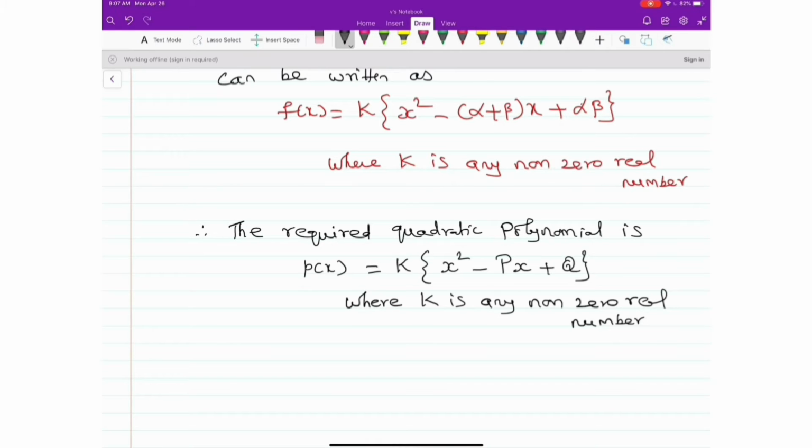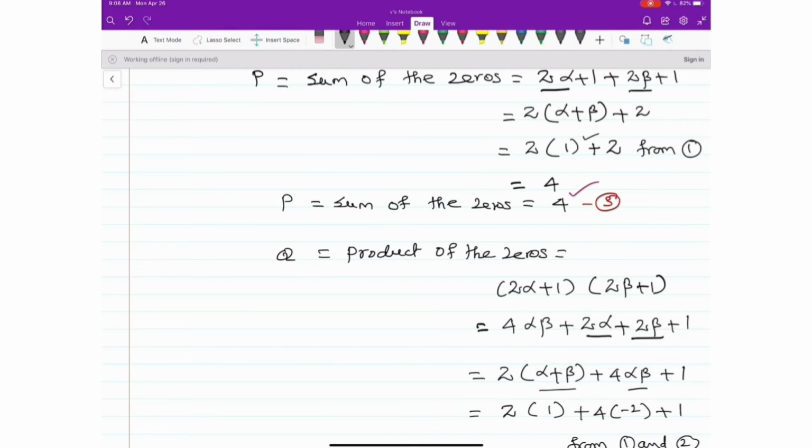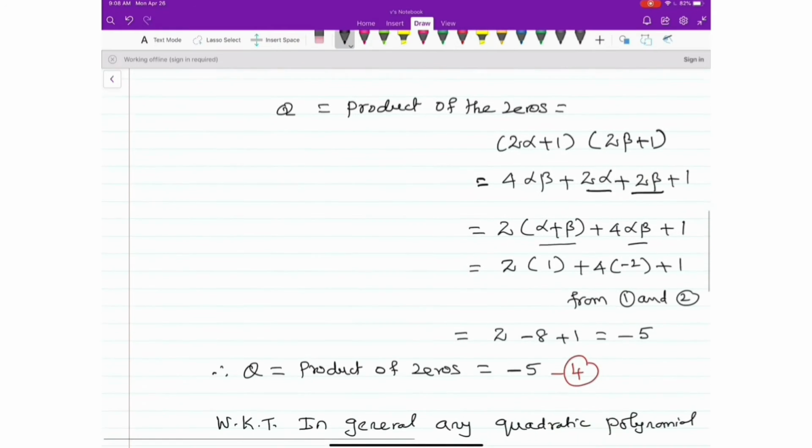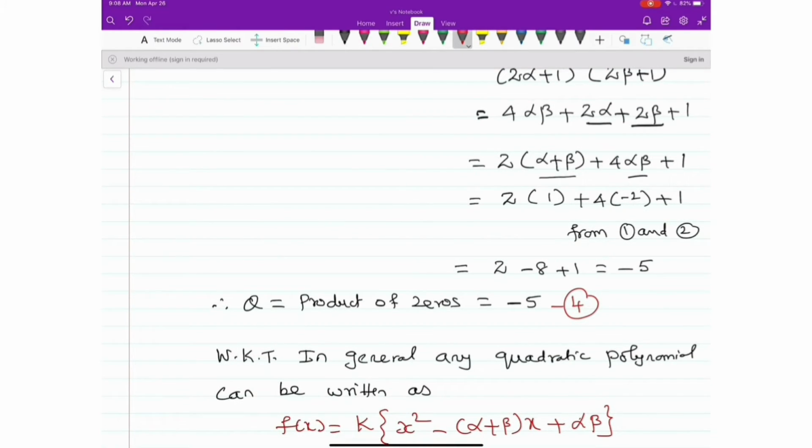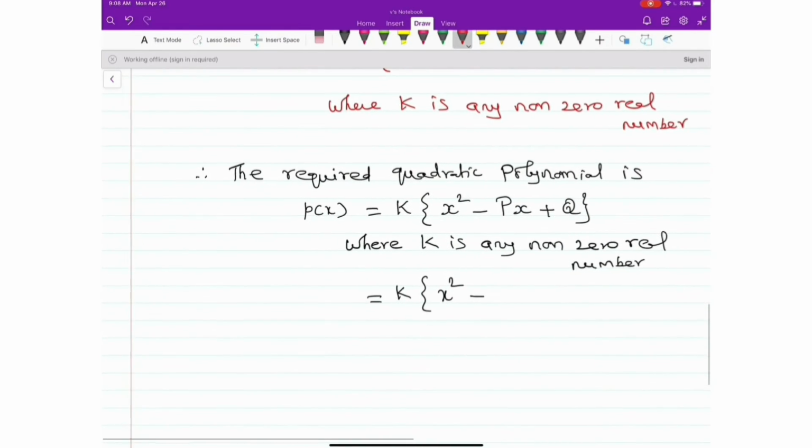So, this is going to be k into x square minus p, we got it as 4, and q we got it as minus 5. So, let me substitute in place of p and q.